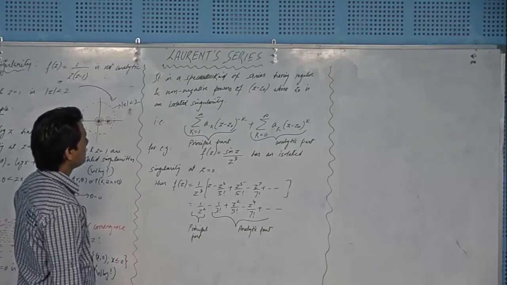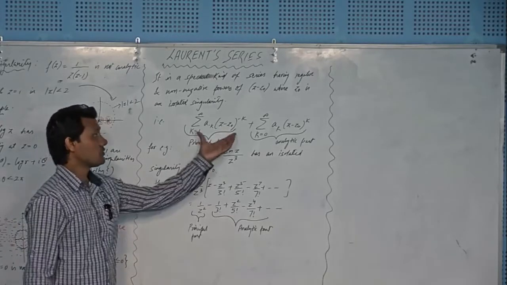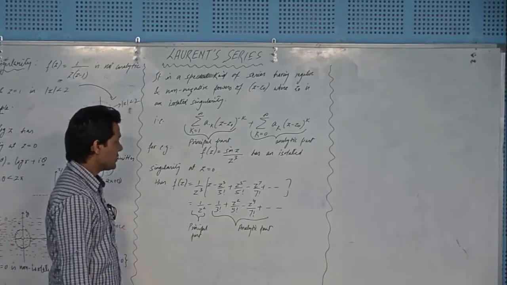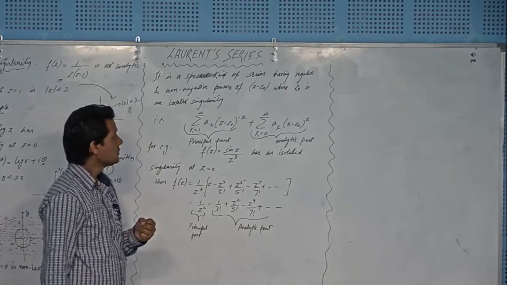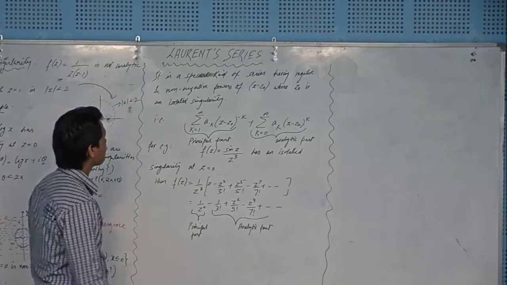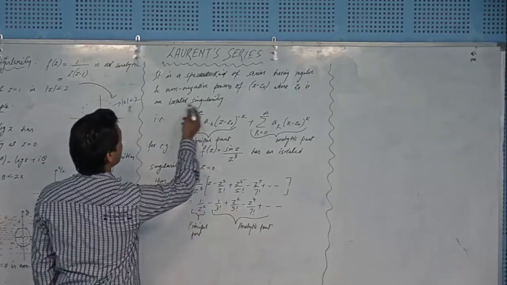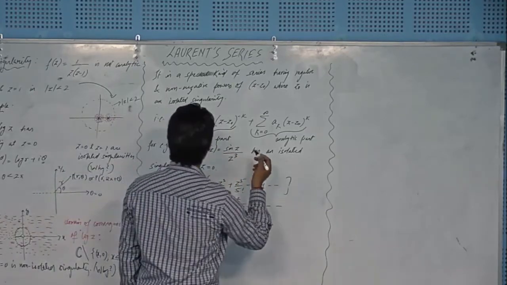And yes, we have to talk about the convergence of this whole series, right? When this whole series converges, it converges in some annular region, means a kind of ring, right? I will write that here: isolated singularity, principal part, analytic part.